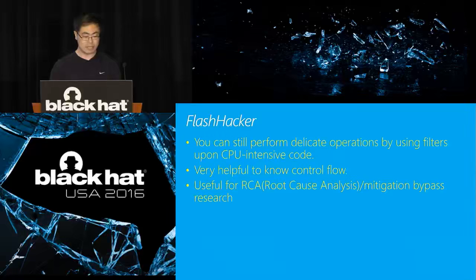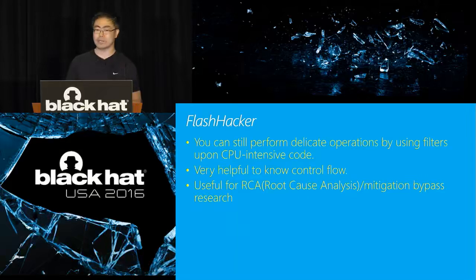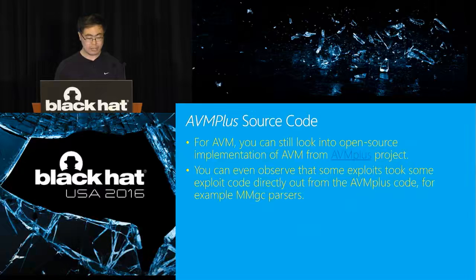But if you use it carefully and filter out those CPU intensive or memory intensive parts, it is a very useful tool for RCA, root cause analysis, or mitigation bypass research. I will show you a real world example of this tool on a later slide.